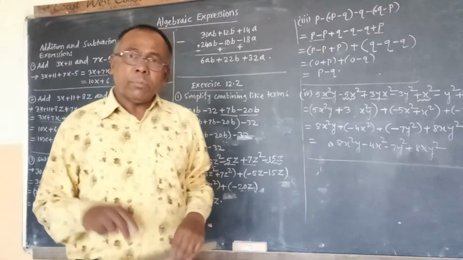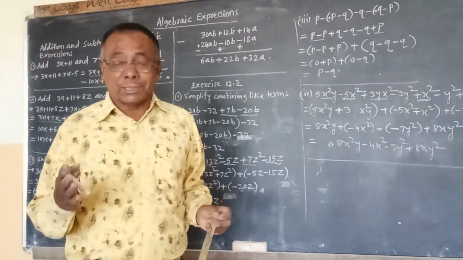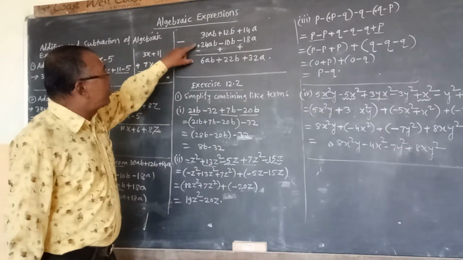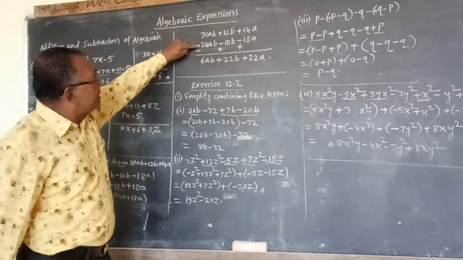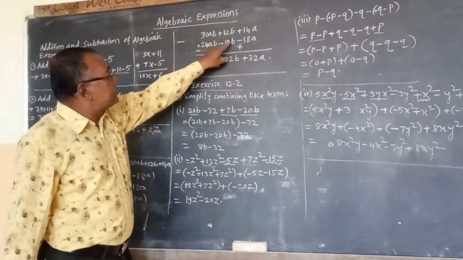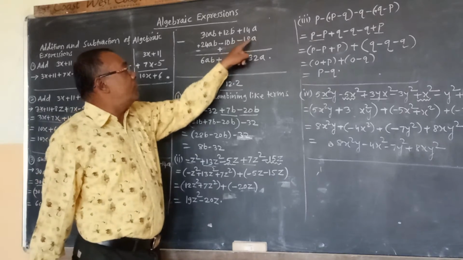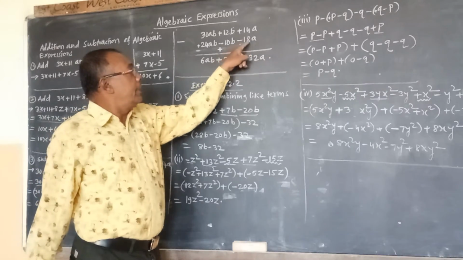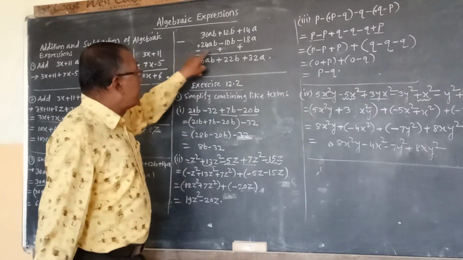But before starting the subtraction, we must change the signs of the terms at the below. So here plus 24ab will become minus 24ab, minus 10b will become plus 10b, and minus 18a will become plus 18a.